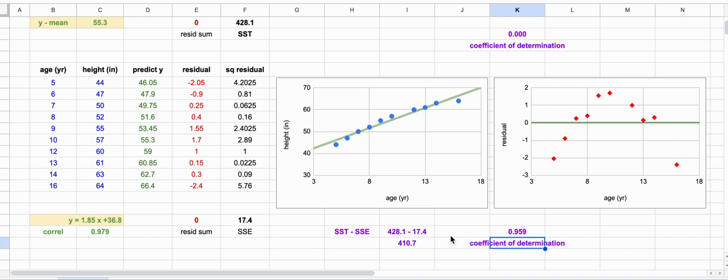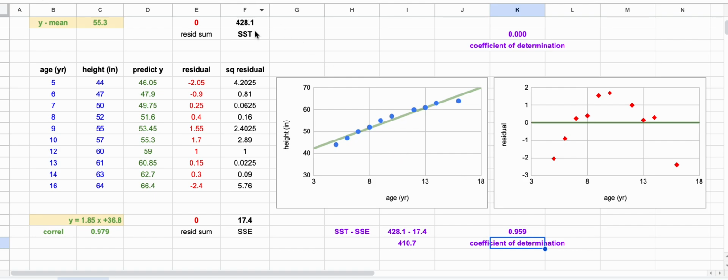So if you look at the total error, and then the error left after the line of best fit, and ask how much of the error have I eliminated, I've eliminated about 95.9% of the error. That's what we mean when we say this model, which is based upon ages, is explaining about 95.9% of the variability.